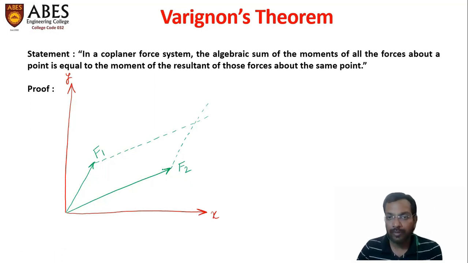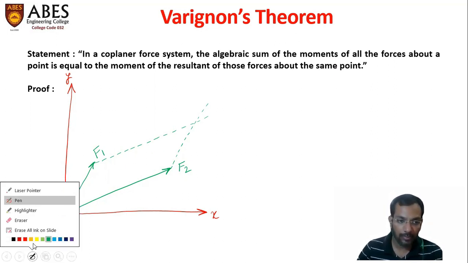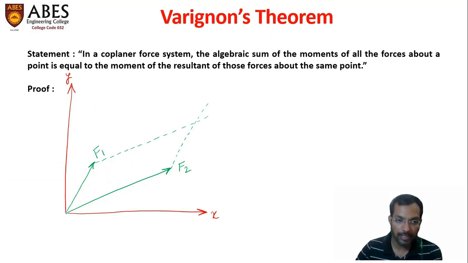Now, what will be the resultant of these two forces? The resultant is represented by this diagonal, and let us suppose that it is R. So these are the forces F1 and F2, and the resultant is R.